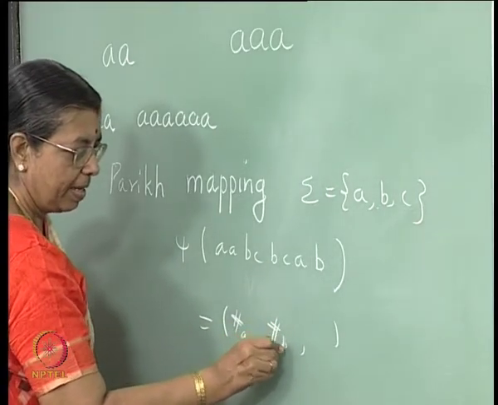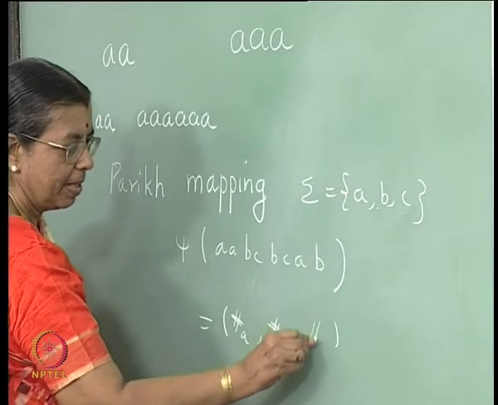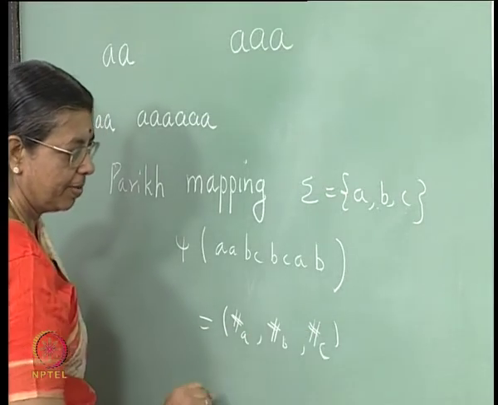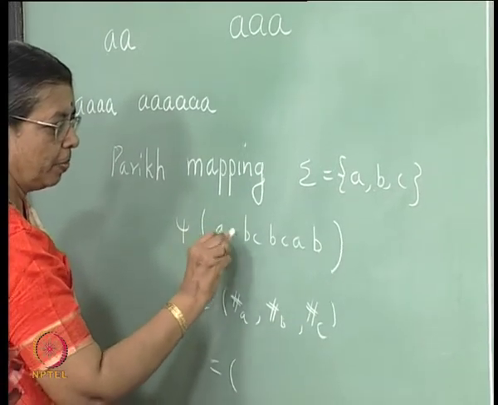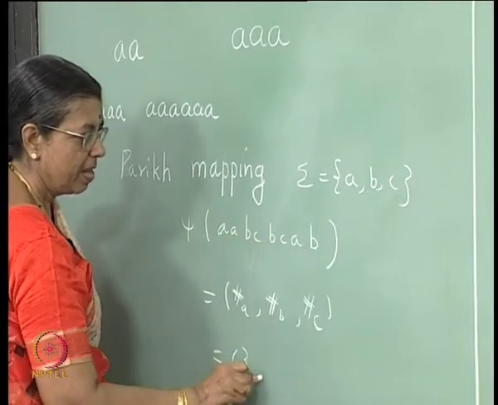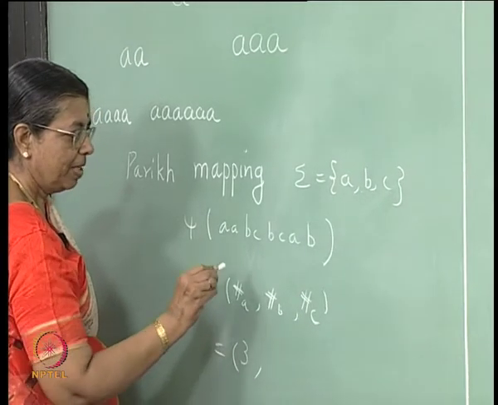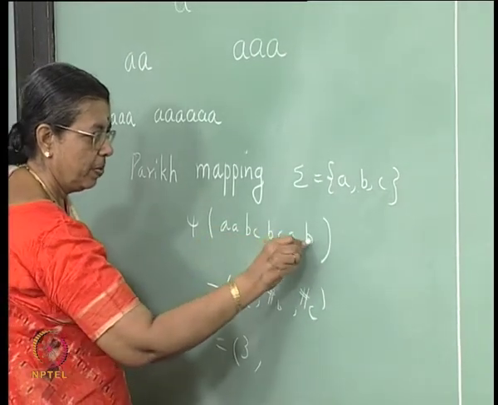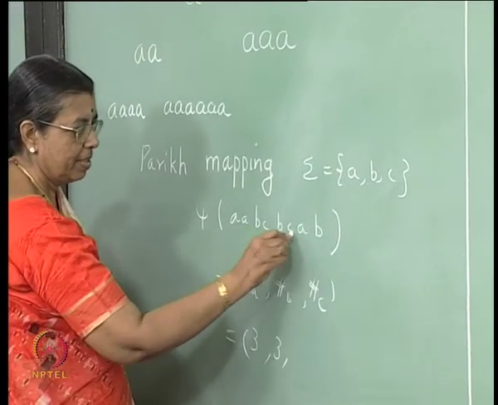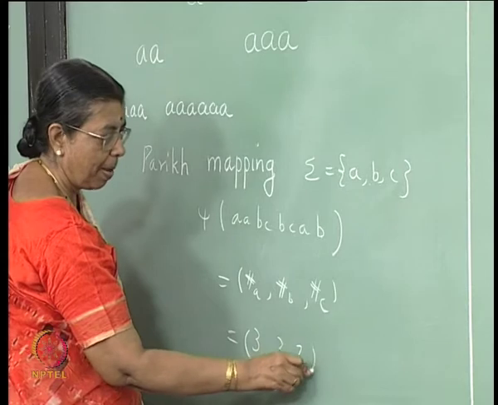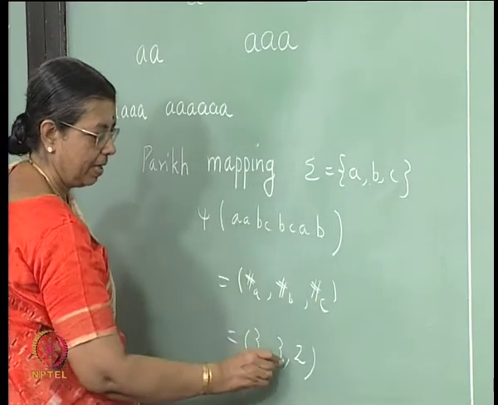The second denotes the number of B's, the third denotes the number of C's. So, in this example the number of A's will be 1, 2, 3, the number of B's will be 1, 2, 3, the number of C's is 2. So, the Parikh mapping of this string is 3, 3, 2.